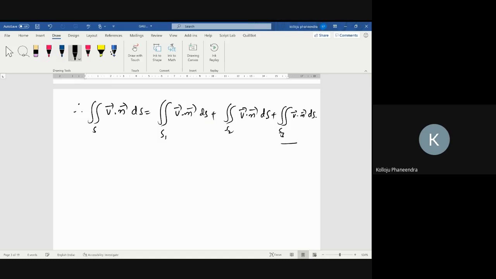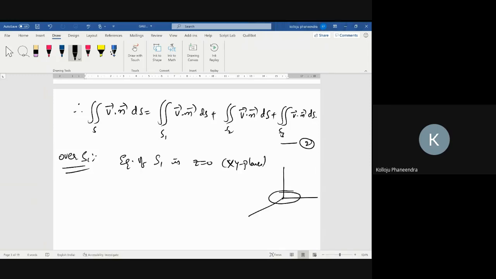Equation 2. First, over S1. I told you the equation of S1 is the xy plane, z equal to 0, right? What is n bar?